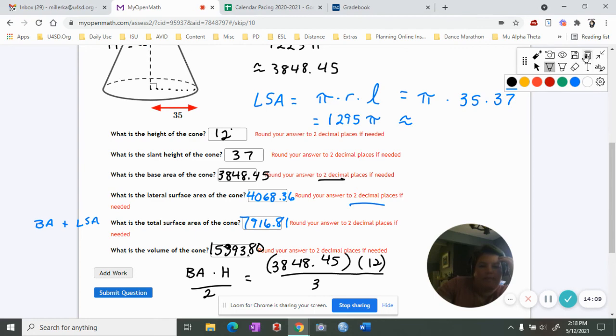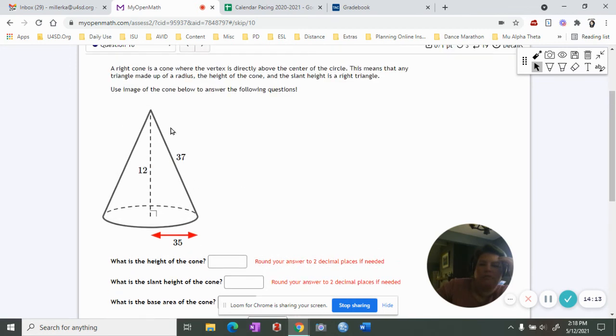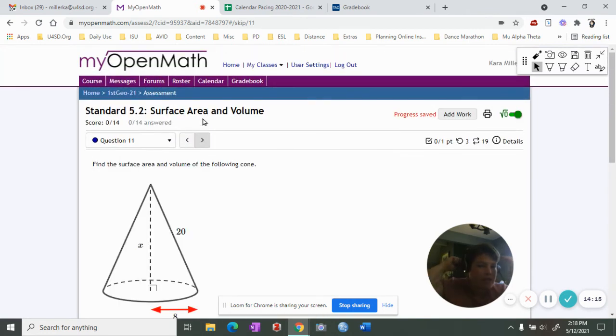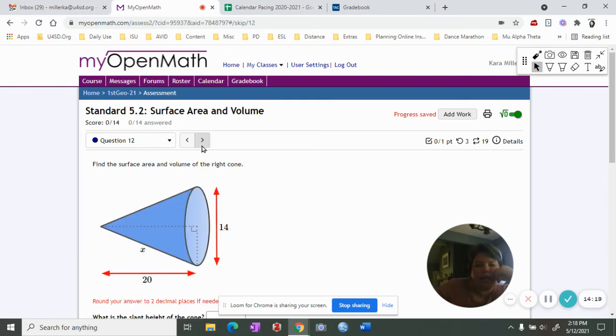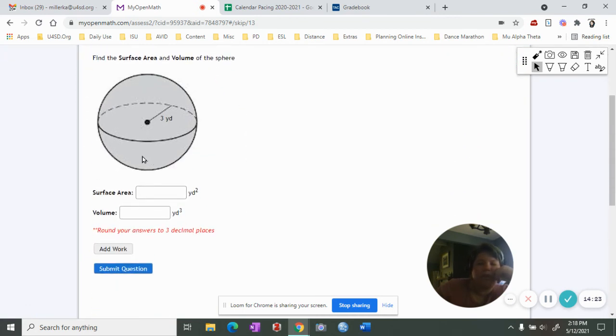All right. Again, that add work button is there for you to add in your calculations just in case. Let's take a look at a sphere. So here I want to find the surface area and volume of a sphere. Remember, our surface area formula is 4 pi times the radius squared.